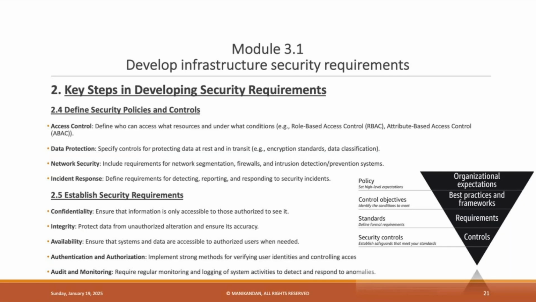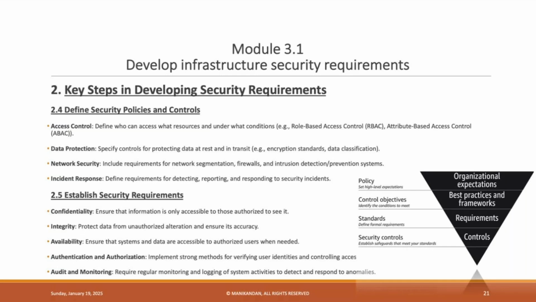To protect data in use, we have DLP, DRM, obfuscation, and masking. When we are talking about data at rest, we use BitLocker drive encryption, database encryption, and row-level and column-level encryption. So based on the type of data, we have different kinds of controls.